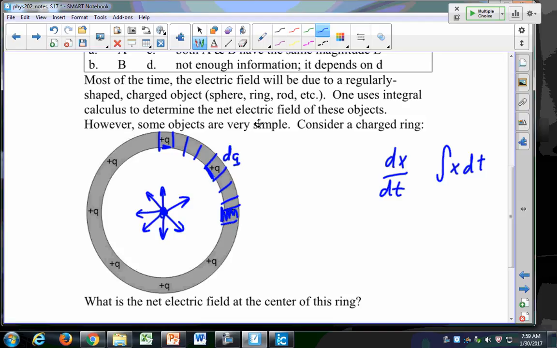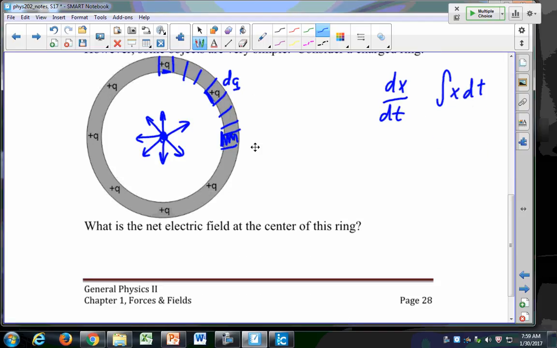And so you can probably look at that and tell me what is the net electric field at the center of that ring. It's going to be 0 because all those vectors are equal and opposite, and they're all going in different directions. Now, if I had my point over here, it wouldn't be so simple. But you can imagine that if our point was over here, you could break these things into differential elements, and the strength of the electric field would vary based upon where you are on the circle.